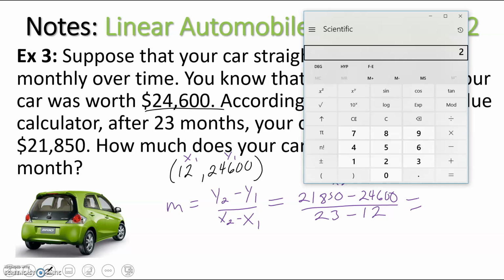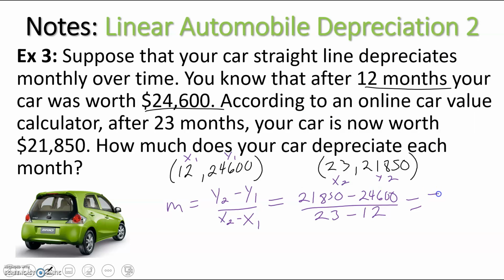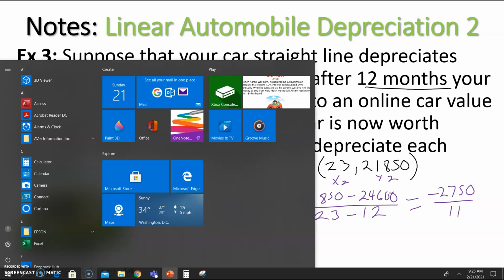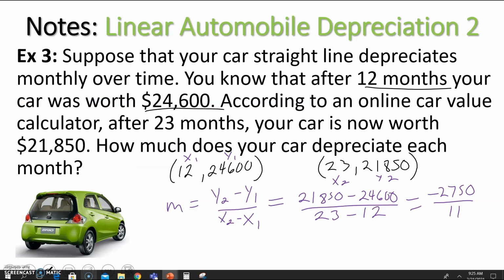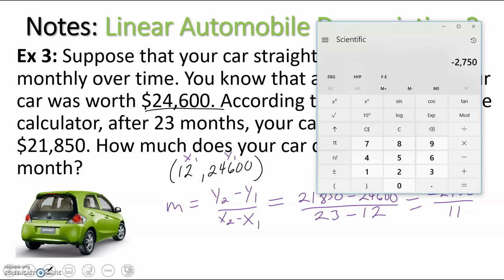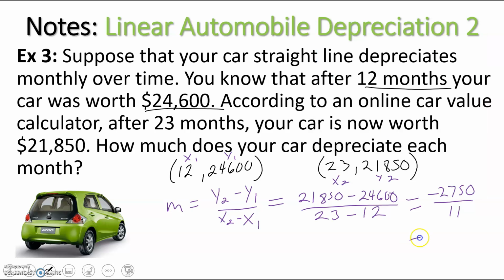So in our numerator, we have 21,850 minus 24,600, which is negative 2,750. In our denominator, we have 23 minus 12, which is 11. Using our calculator, we have negative 2,750 divided by 11, which is negative $250.